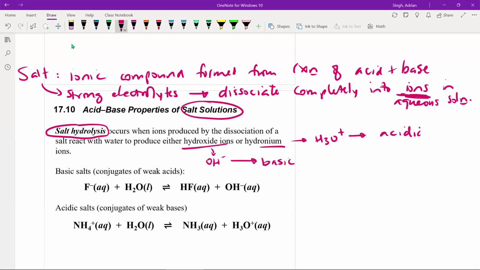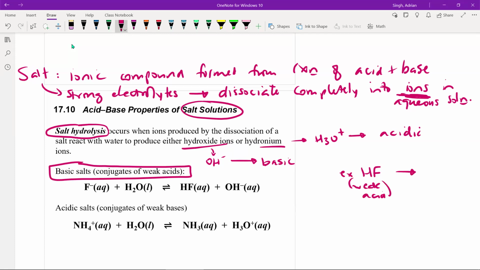Well, if we take a look at, first of all, our basic salt solutions, our basic salts would contain the conjugates of weak acids. Remember, a weak acid is going to have a strong conjugate base. So for example, if you have a weak acid like HF, this is a weak acid.